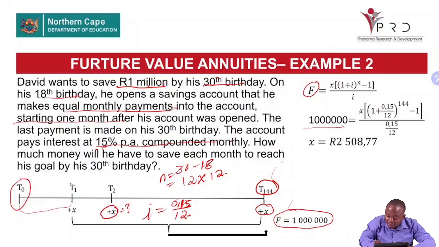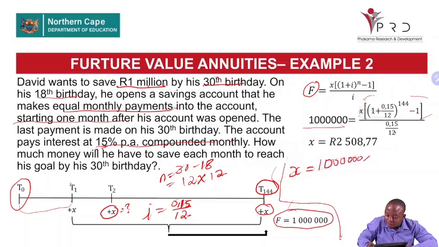Now to calculate the X there, just to give a clue, this is how we will find X. We'll take 1 million, multiply by that and divide by everything that is in the bracket there. That's how we're going to get X. That is to say, X is equal to 1 million times 0.15 over 12, all over, we divide by everything that is here.